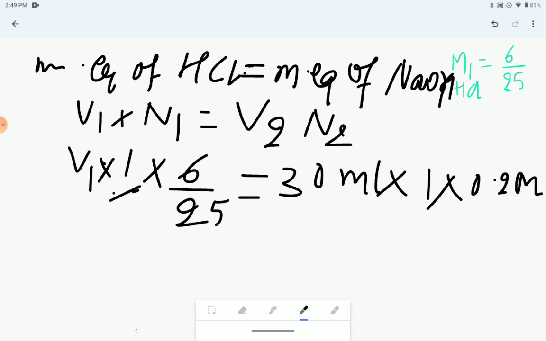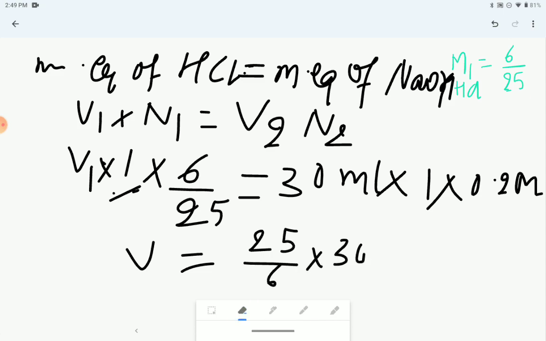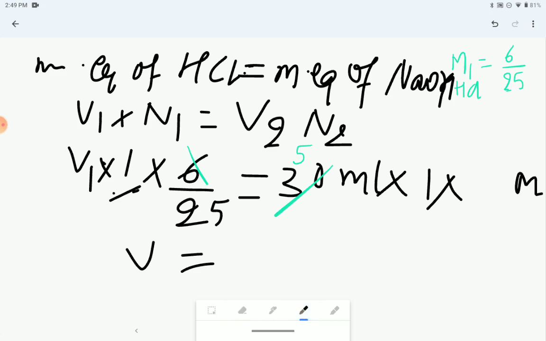Then if we send 6 by 25 to the other side, it will be 25 by 6 into 30. Let's not prolong this. 6 cancels out, 30 cancels out to 5 times 6. We can write 0.2 as 2 by 10, so it comes out to be 5 ones, 5 twos.